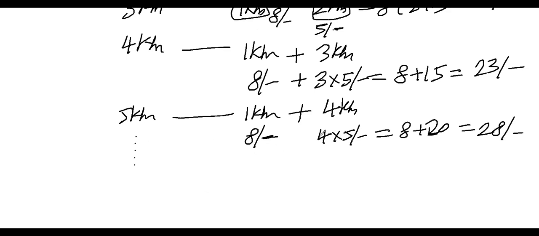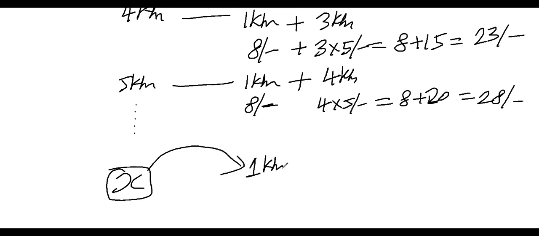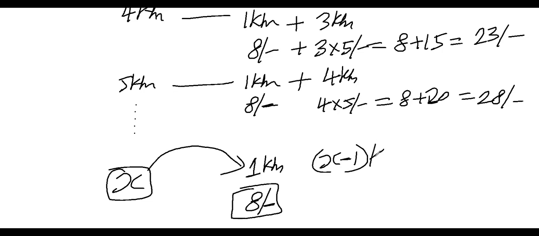Similarly, I have to form an equation. How can I form this equation? If my distance is say x, out of this x kilometers, I will keep 1 kilometer aside for the fixed pay of 8 rupees, whereas the remaining distance will be x minus 1 kilometers.